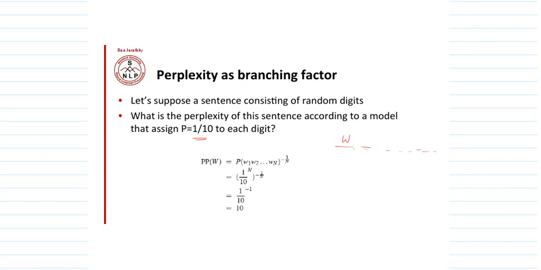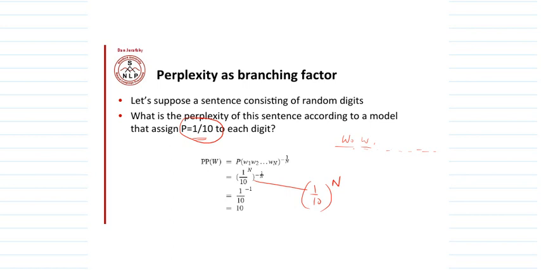Each of W0, W1, W2 we will have 10 of these words, and each has 1 by 10. So 1 by 10 to the power n, to the power minus 1 by n, will lead to the perplexity of 10. But this is in the case when we are assuming that p is 1 by 10 for each of these digits.